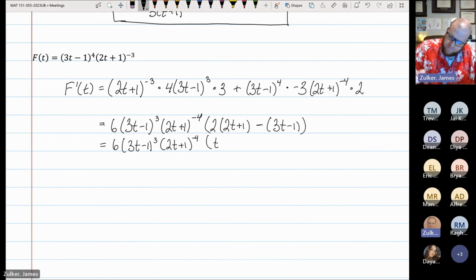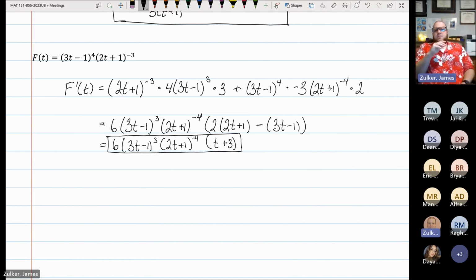Four t minus 3t, and then 2 plus 1. Yeah, so 6 times 3t minus 1 cubed times 2t plus 1 to the minus 4 times t plus 3.